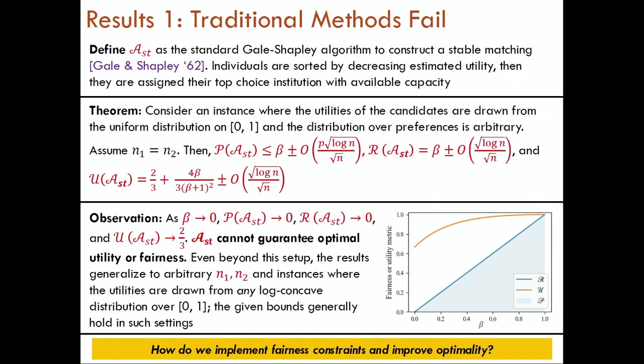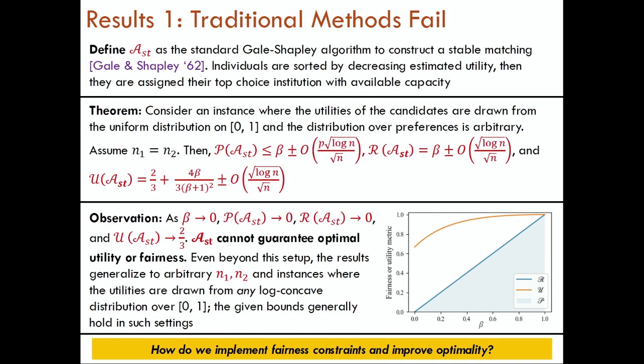So this is our first set of results, which is essentially establishing the limitations of the Gale-Shapley algorithm in the presence of such biases. The theorem kind of looks complicated, but let me just tell you roughly what it's saying.